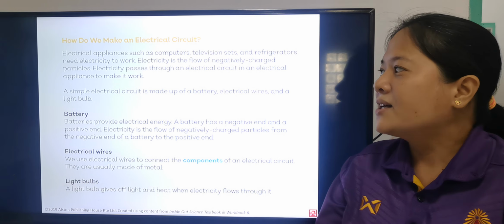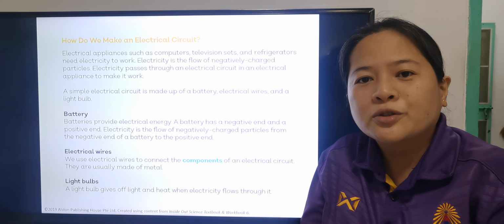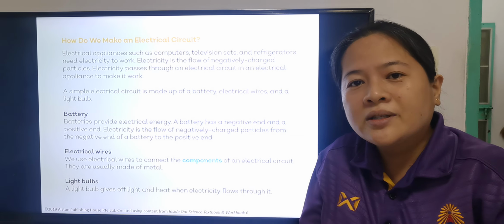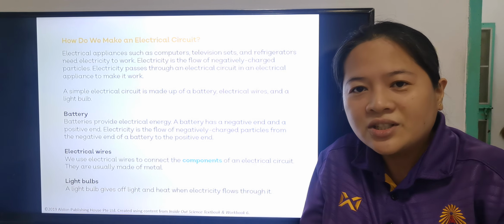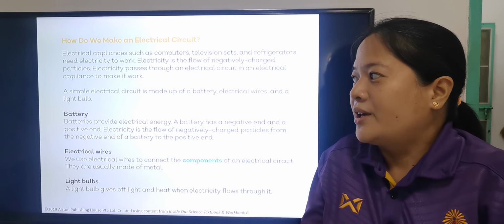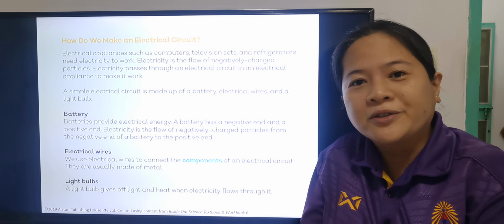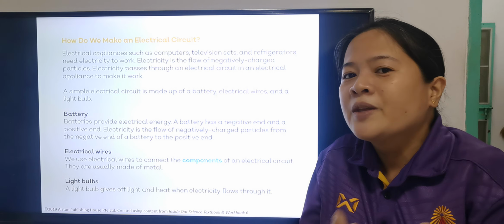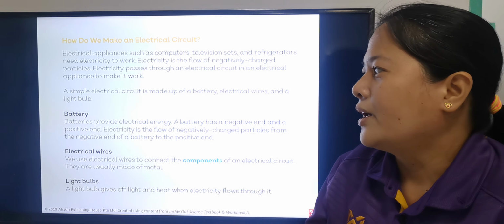Electricity passes through an electrical circuit in an electrical appliance to make it work. So if you run out of the source of electricity, those appliances, those gadgets that you use won't work, okay? That's why you have to charge your phone, right? Because you have to put in the source of electricity, okay?